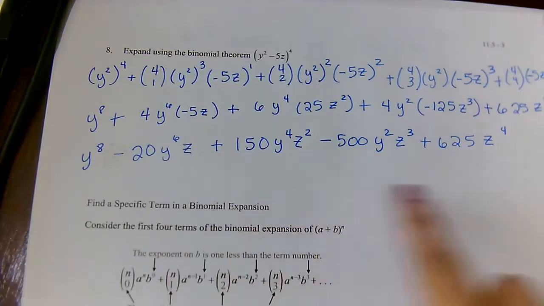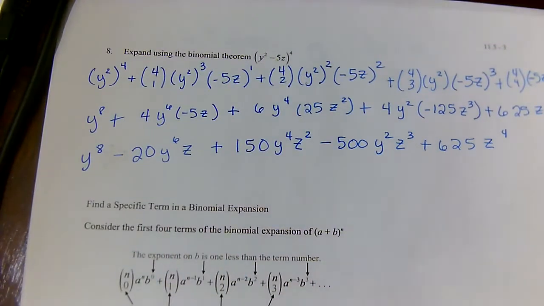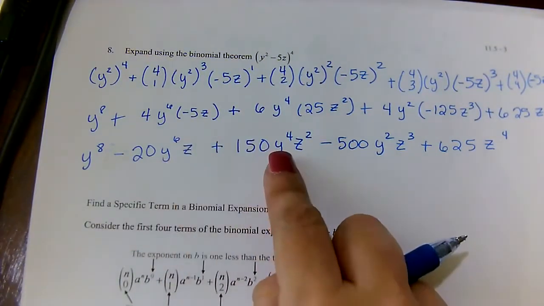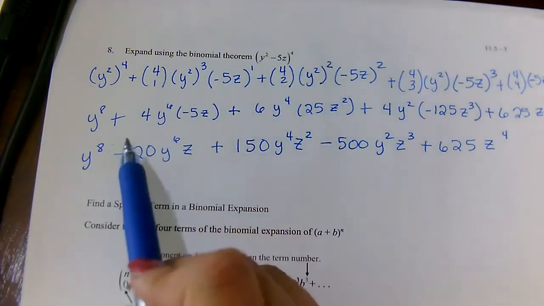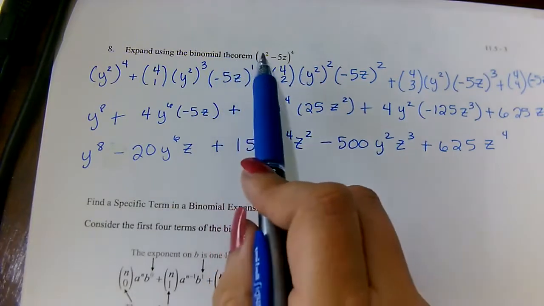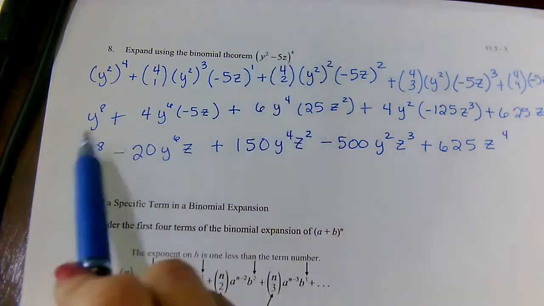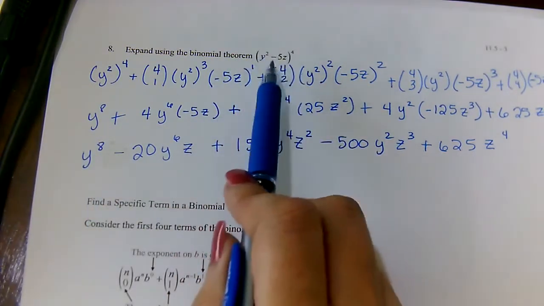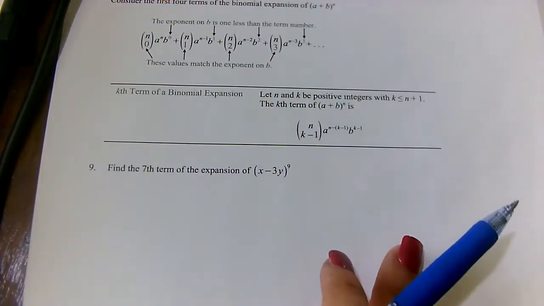Okay, this is going to be the answer for this problem. Notice that in this particular case we cannot add up the exponents here just because these exponents don't match either. So just be careful, when the exponents don't match, it's not going to add up quite the same. Alright, let's go ahead and use this formula right here.